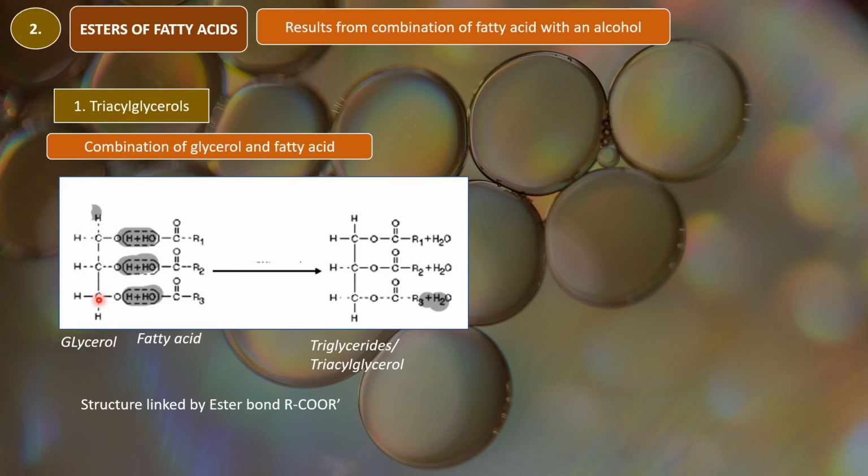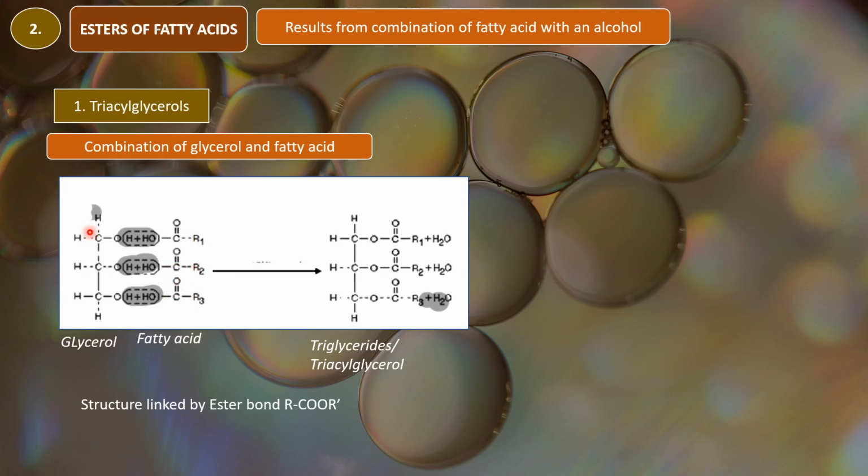This is a 3 carbon compound, and this is the fatty acid, where this is the carboxyl group, and R1 is the alkyl group, like the chain length. We have not mentioned any specific fatty acid here, and therefore R1 is written. Similarly, this is the second fatty acid and this is the third fatty acid.